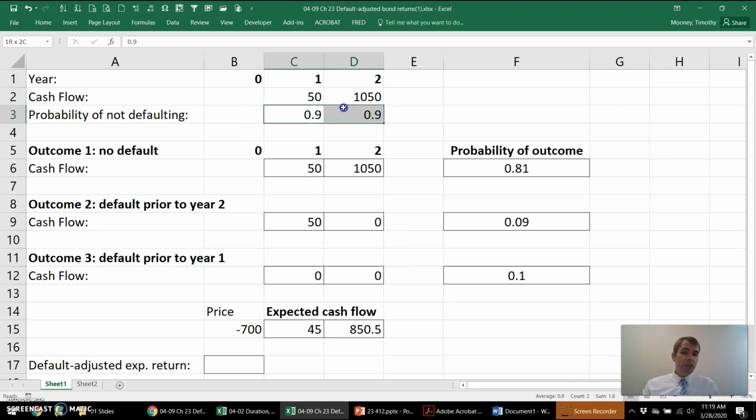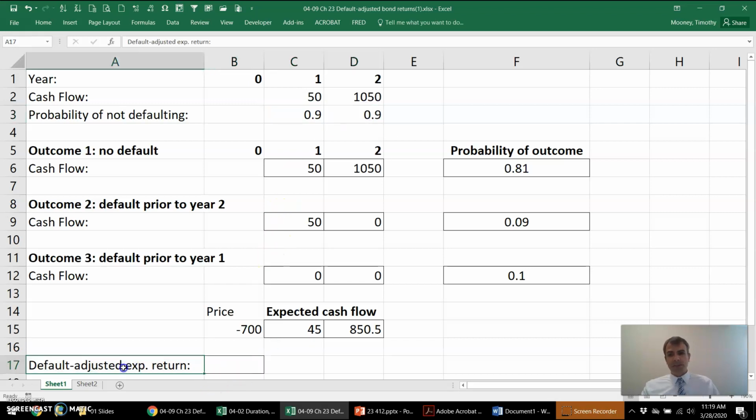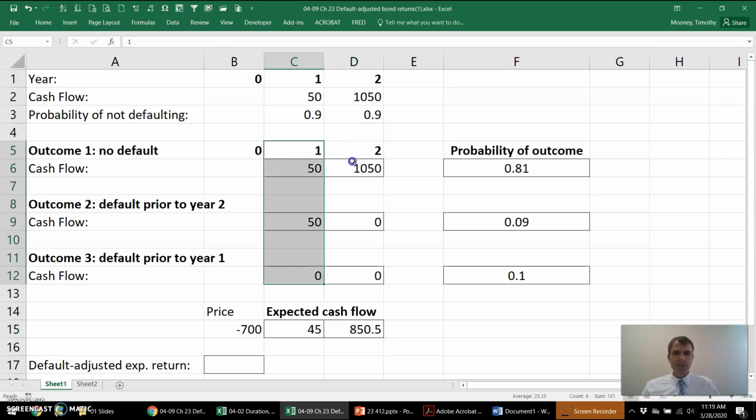So taking into account the probability of default, the way that we would compute a default adjusted expected bond return would be a function of the expected cash flows that we've computed based on the probabilities of default, and the price we observe. And in this model, the bond has a price of $700. So what we could do is find the discount rate that gives these future expected cash flows a present value that adds up to exactly 700.